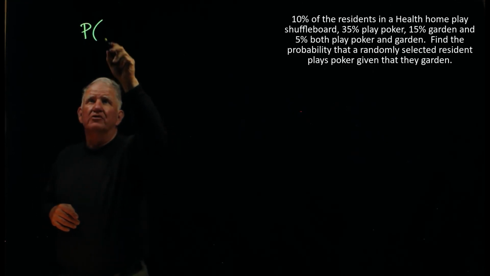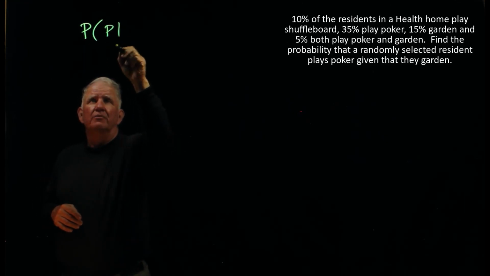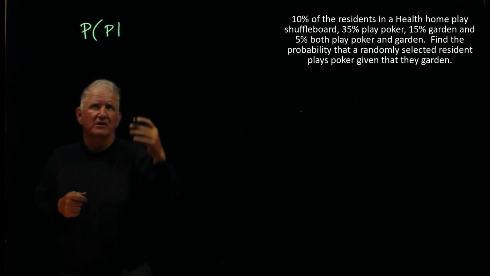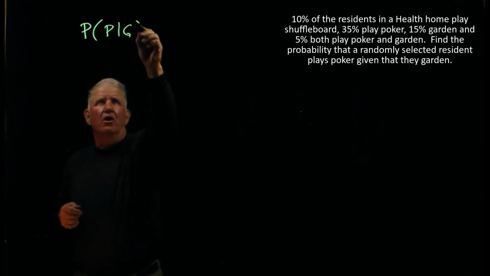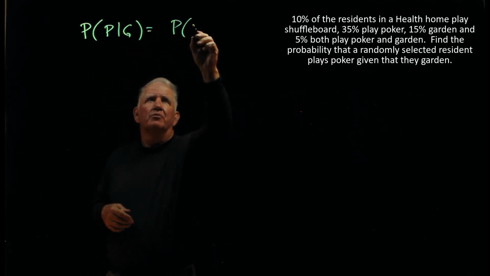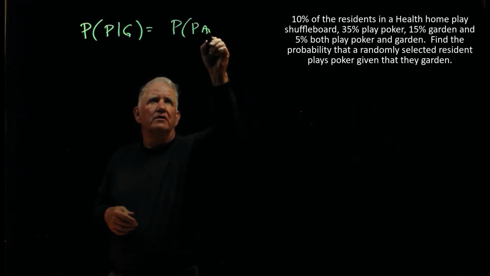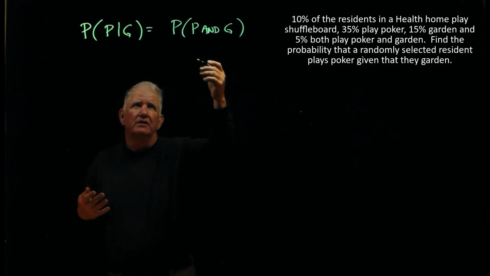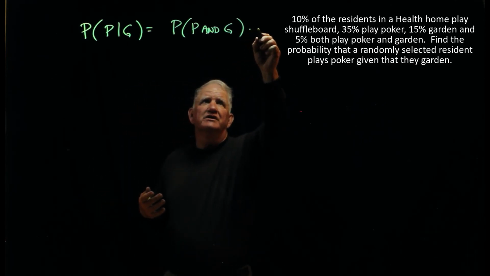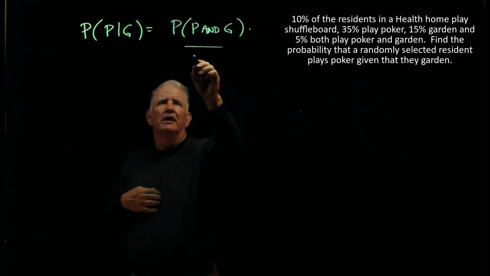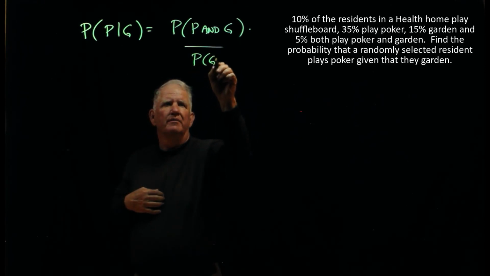Again, we're interested in the probability that someone plays poker given that they garden. All right, and that's just equal to the probability of playing poker and gardening, the number that we're given, divided, sorry, by the probability of gardening.